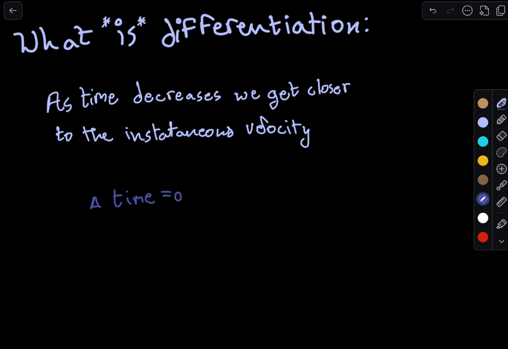That's why differentiation exists. We created this function so we could find the instantaneous velocity and acceleration and such related terms using differentiation.